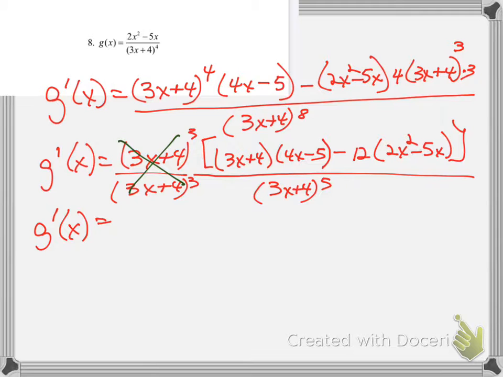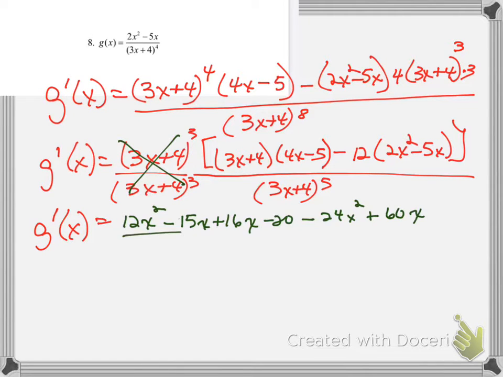Do the foiling on the top, and I get 12x squared plus, so first outer, that's going to make that a minus, okay, minus 15x, inner is plus 16x, last is minus 20. Okay, then minus 24x squared, very carefully, plus 60x all over 3x plus 4 to the 5th.